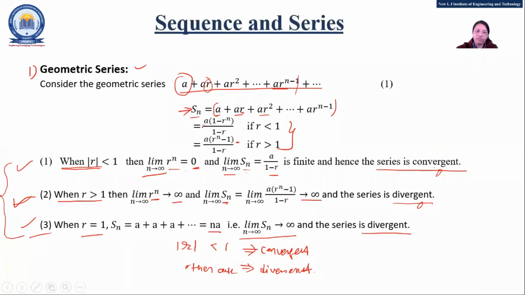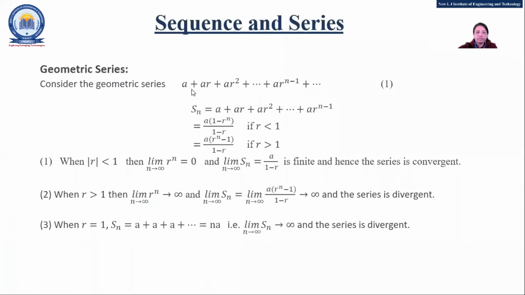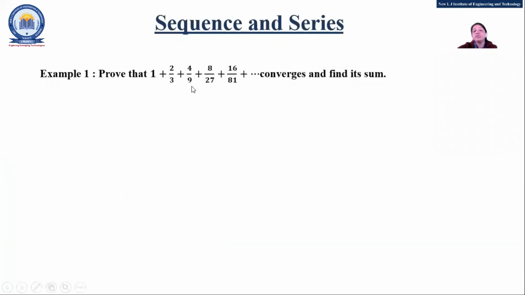Now, how the example will be asked is very important. You will find one example mostly in every paper on geometric series. The first example is this one. Prove that 1 plus 2 by 3 plus 4 by 9 plus 8 by 27 converges, and find out the sum.